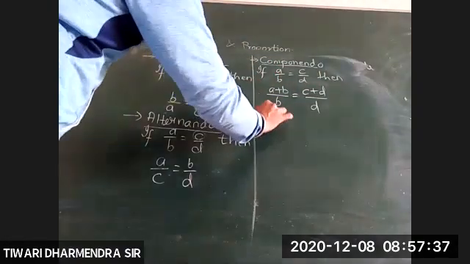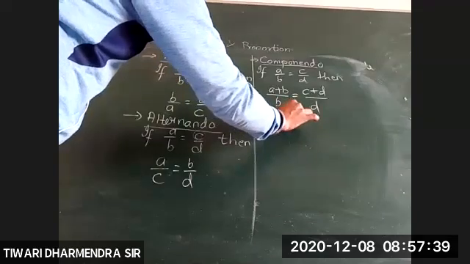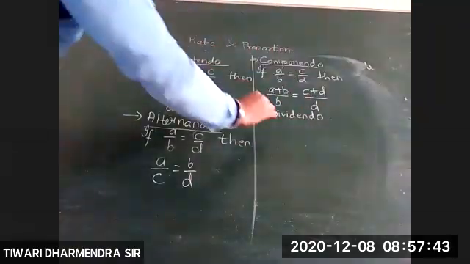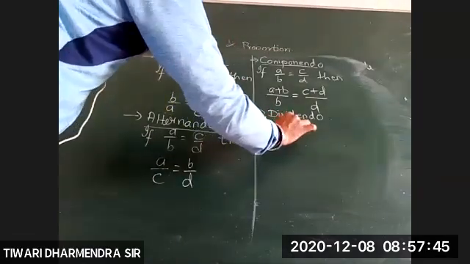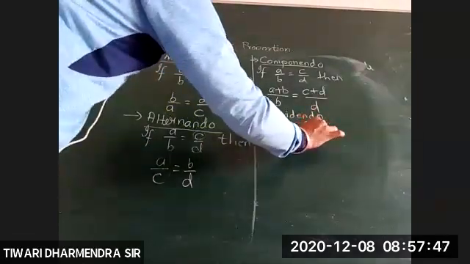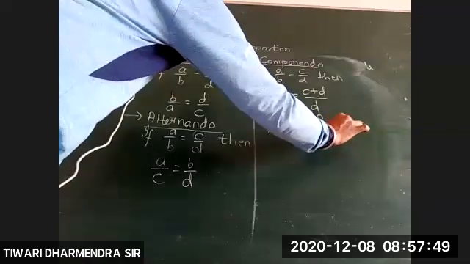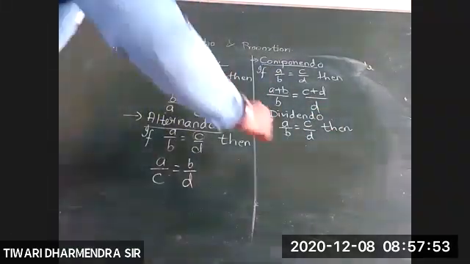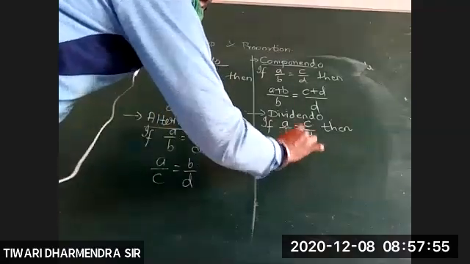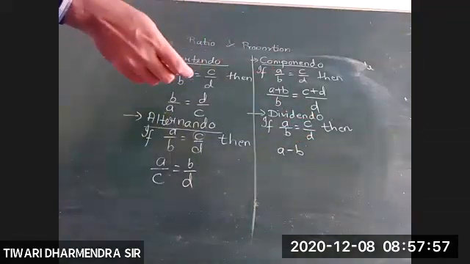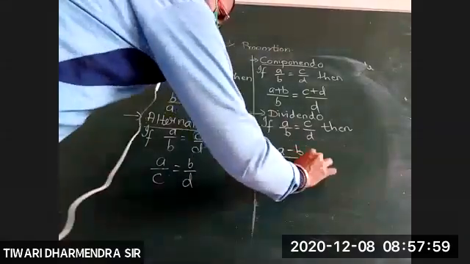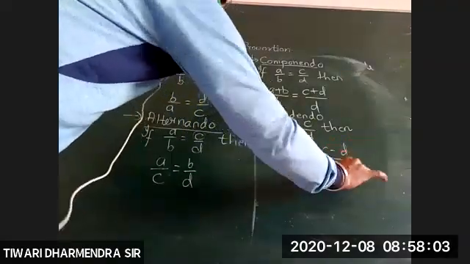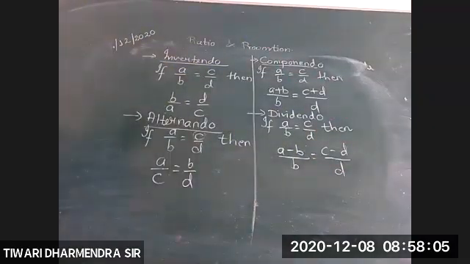Now dividendo. If A by B is equal to C by D, then if we subtract the denominator from the numerator, then also our ratio remains the same.